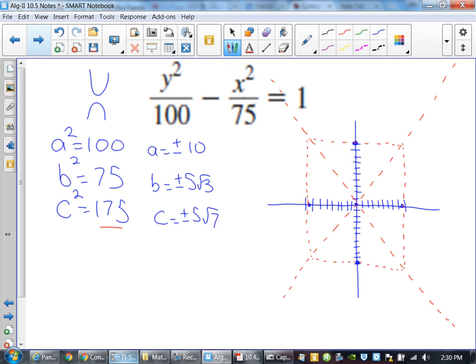Well, 175 is larger than, was it 13 squared is 169? 14 squared is 196, so it's somewhere between 13 and 14. So I'm already up here at 10, 11, 12, 13, 14, so I'll put it here. 11, 12, 13, 14, and put it here. Your favorite time of day, hug your asymptote, go for the vertex, and hug your other asymptote.